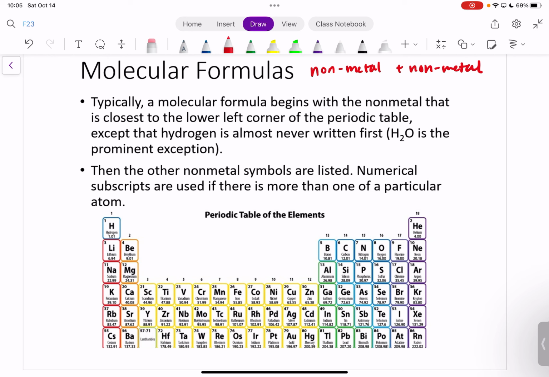And what we're going to do is name the nonmetal that's closer to the lower left corner of the periodic table first. So for example, we have something like CO2, which we're familiar with, carbon dioxide. The reason carbon comes first is because carbon is closer to the left than oxygen. Okay, so we say carbon dioxide instead of, I don't know, oxygen first and then carbon.